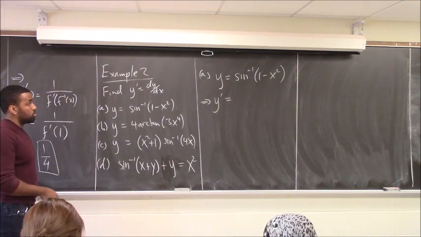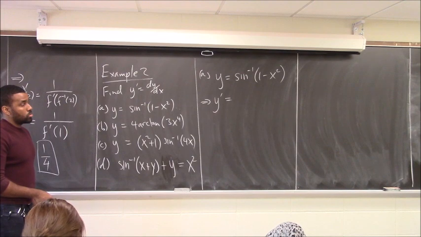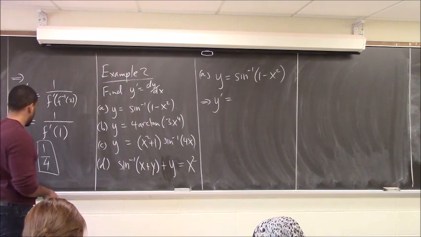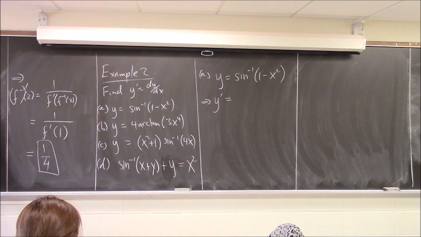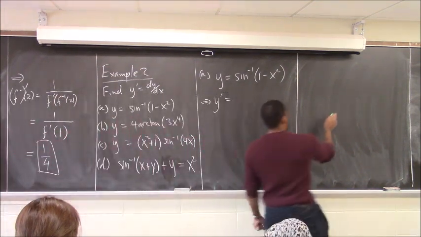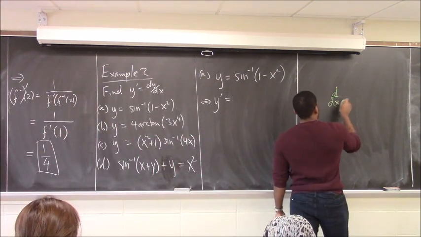Use the formula: the derivative of arcsine of u equals u prime over the square root of 1 minus u squared.